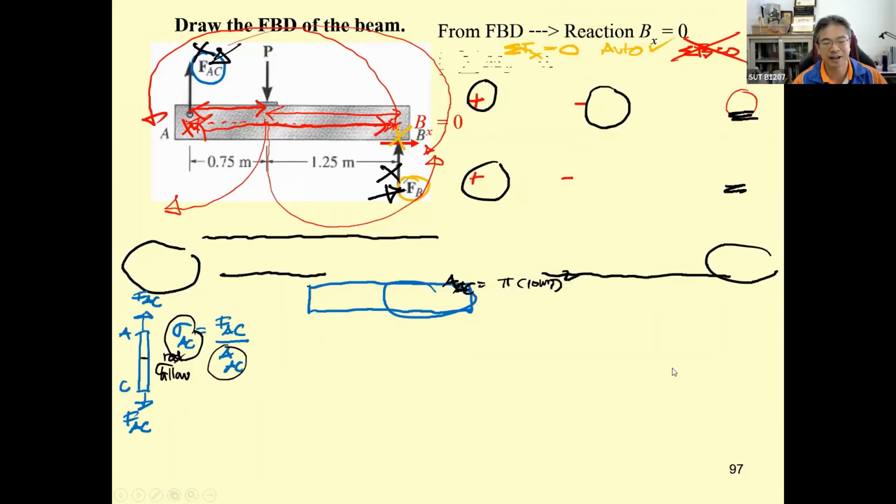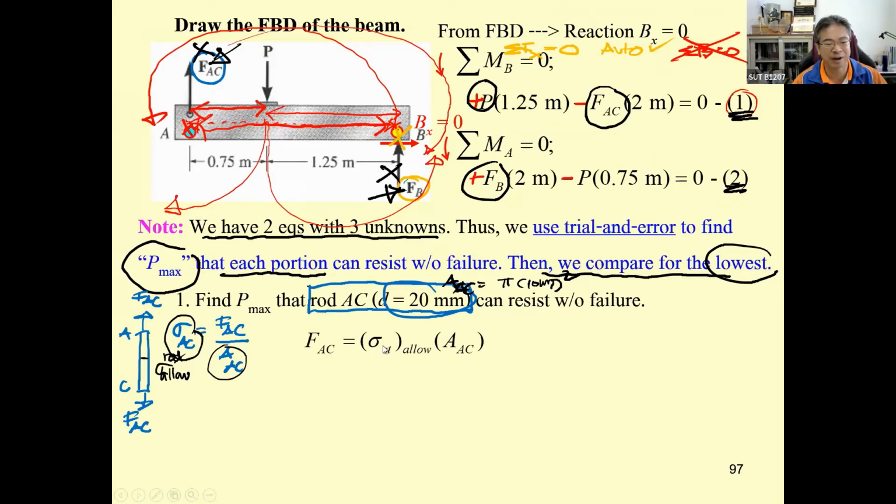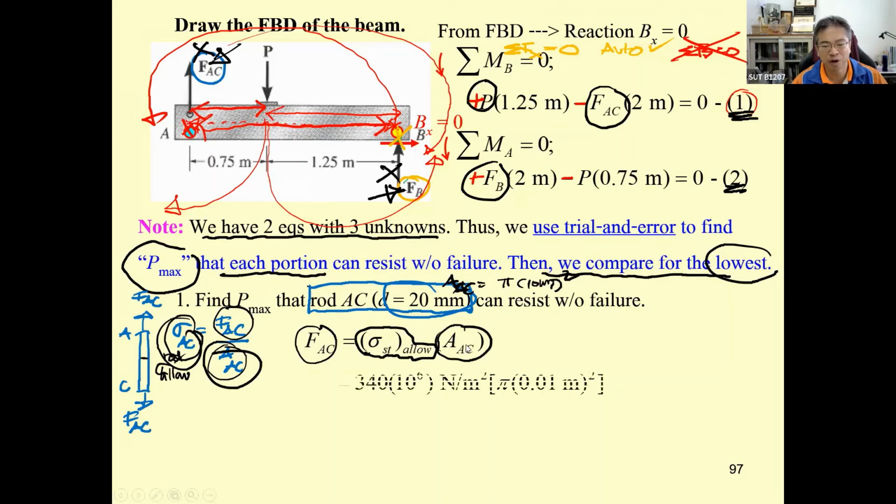So we put this into this form: F sub AC is the allowable stress of the steel times the area A sub AC. You put the numbers into it; it depends on which way you compute.